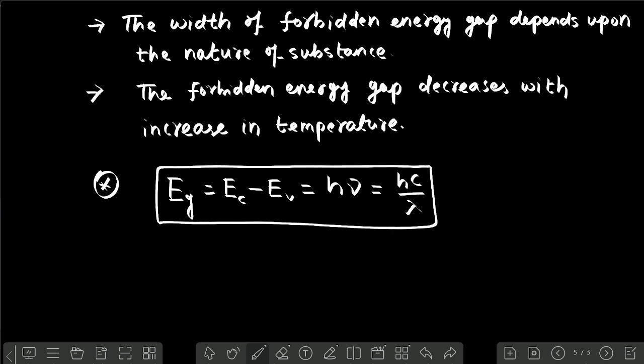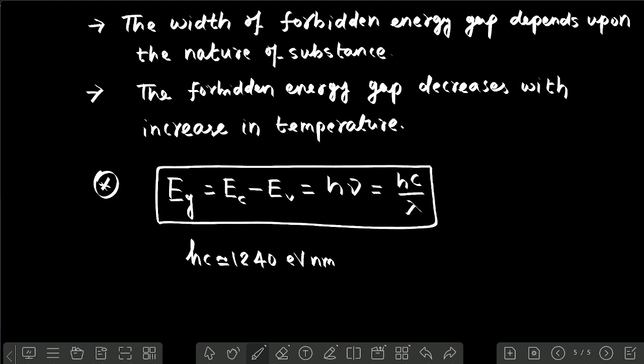If you know the energy gap, you can find the wavelength. And hc is nothing but, already you know, approximately 1240 electron volt nanometer. This is the unit. h is Planck's constant, c is speed of light.